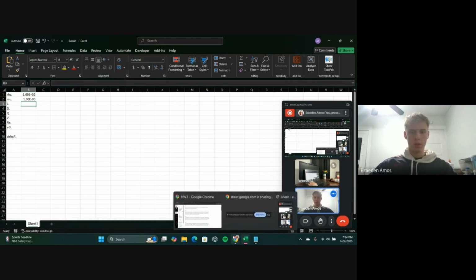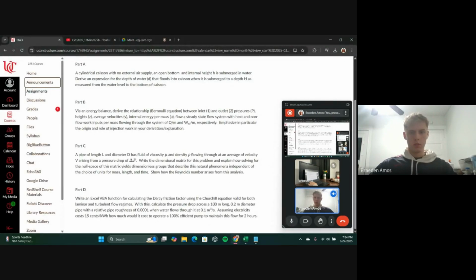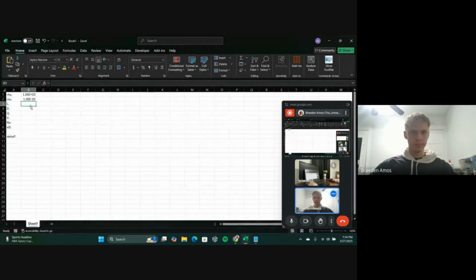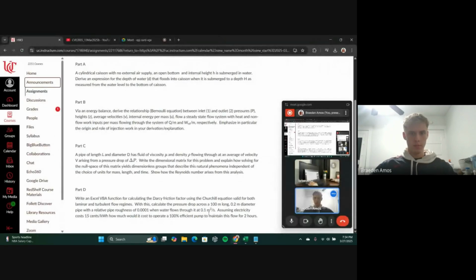Length is going to be 100 meters long. Our diameter is 0.2 meters. Our Q is 0.1.